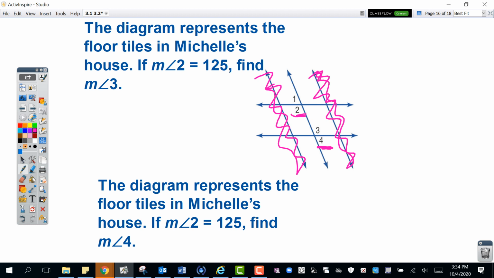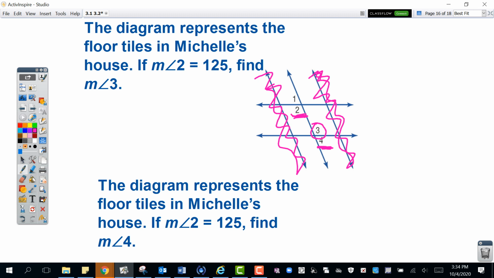So let me just start, I always like to start off with the first angle. So angle 2 here. All right, well, let's think here. How could I get from 2 to 4? So if I want to move closer to 4, I start at 2, and now let me see, hey, let me think. 2 and 3, do they have a relationship with each other? Well, they're both interior, and then they're on opposite sides of the transversal.